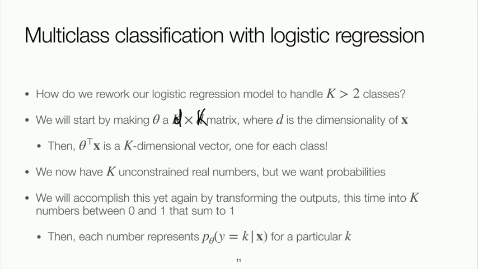Then each number represents the probability of the kth class for that data point x. So this is just a generalization of what we've done before. We still have unconstrained real numbers, and then we transform them into probabilities. That's the basic recipe that we're still following here.